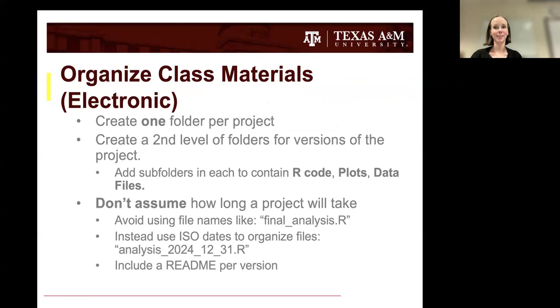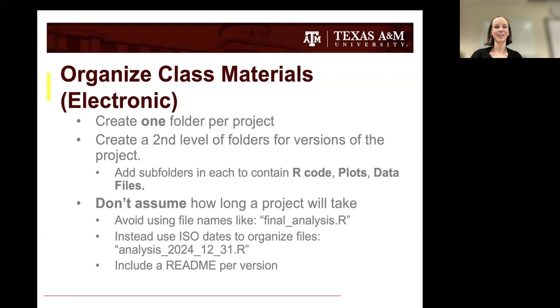This is the one that I have finally learned after, I feel, 2 years. Create subfolders for the versions of your project because there's a potential for your collaborators to ask, hey, can we go back to a different version? We want to see and compare maybe 2 models, for example. And then in each of those folders, try to add subfolders to immediately contain R code, plots, and data files.